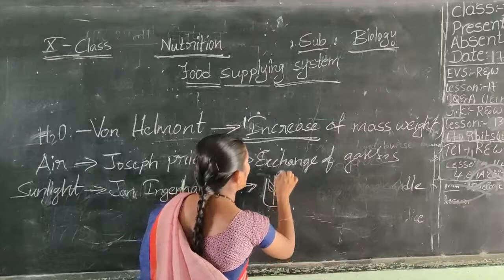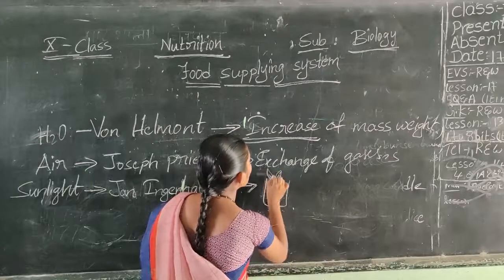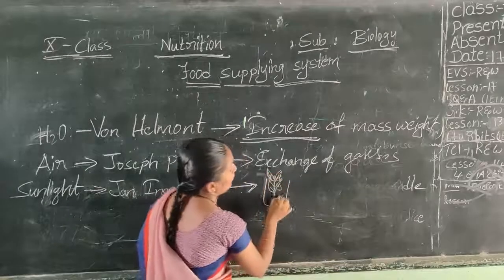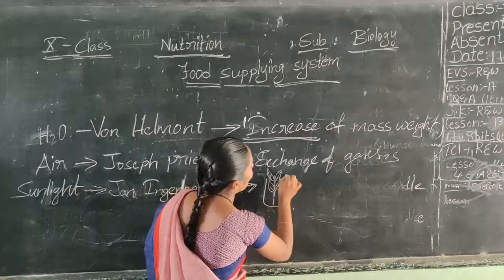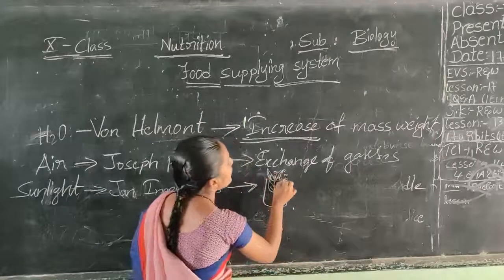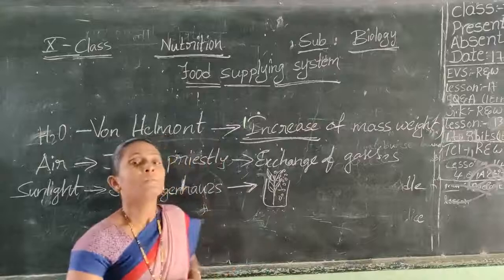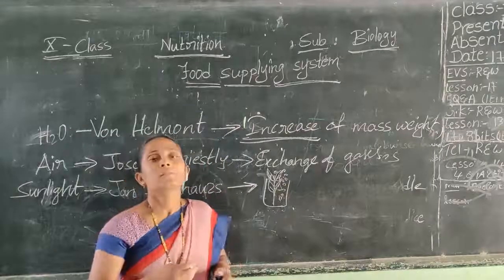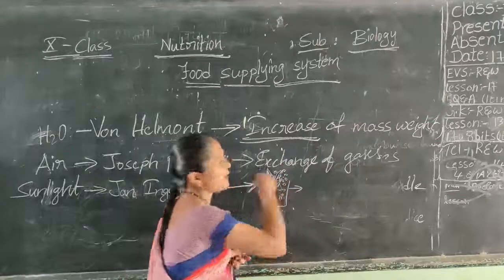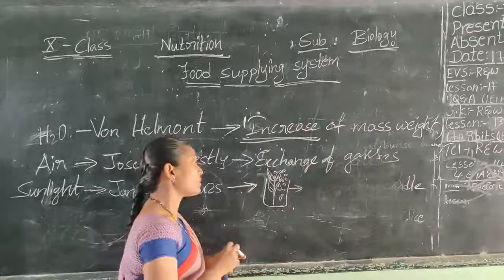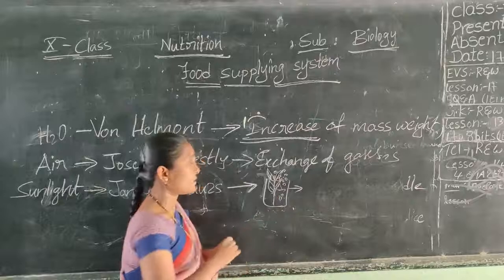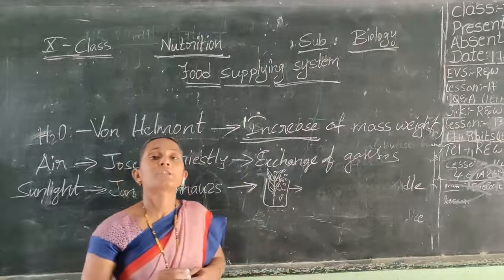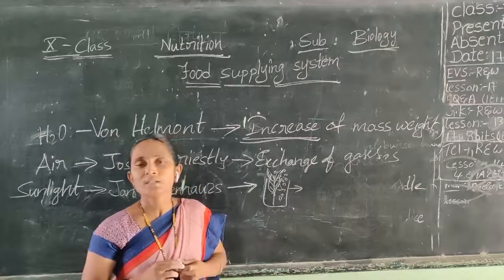When he kept it under the sunlight, he observed air bubbles. These air bubbles are the oxygen released by the plant. So what did you observe? Here also you see that sunlight plays a major role in the photosynthesis process.